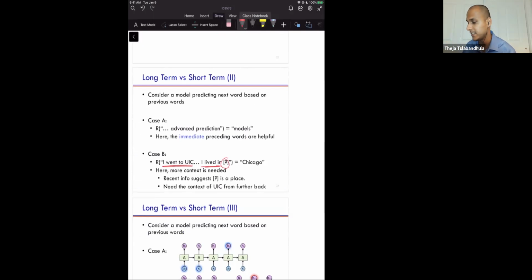You want to predict the next word. That's what a language model does: it tells you the probability of the next word. So you want to say Chicago. But to say that, you need to persist the information that you encountered UIC in the past. There's a long gap, and in between there could be a lot of words.